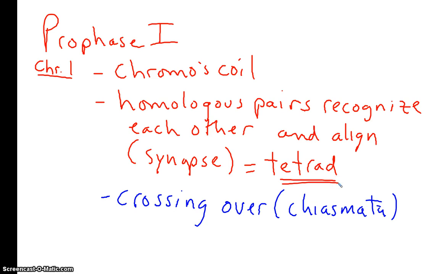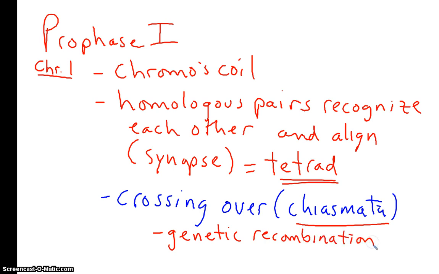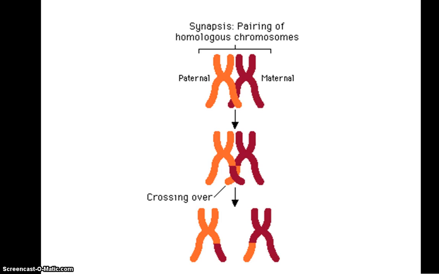And it's here that crossing over at the chiasmata, that's kind of a funky word that means the position where crossing over will take place. But crossing over is going to give us genetic recombination. So if we go back to the orange and the red, orange being dad's DNA and the red being mom, so we've got our homologous chromosomes, or tetrad, right there.